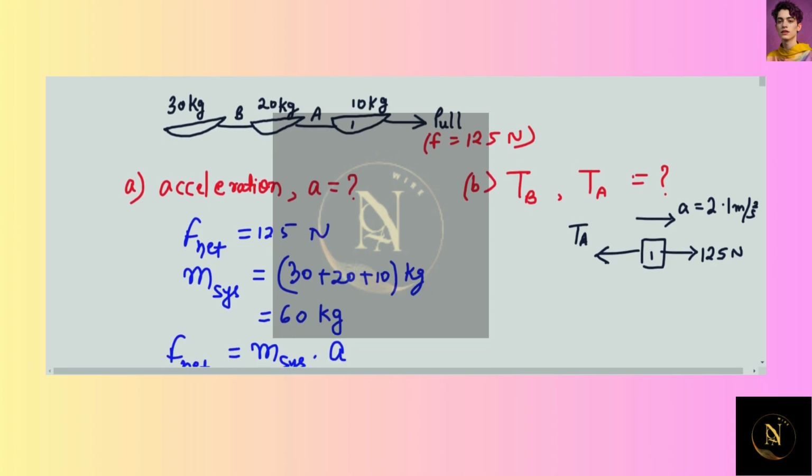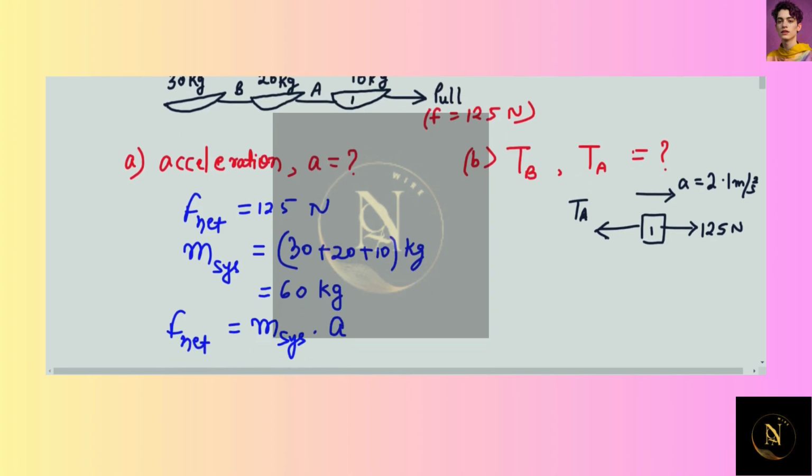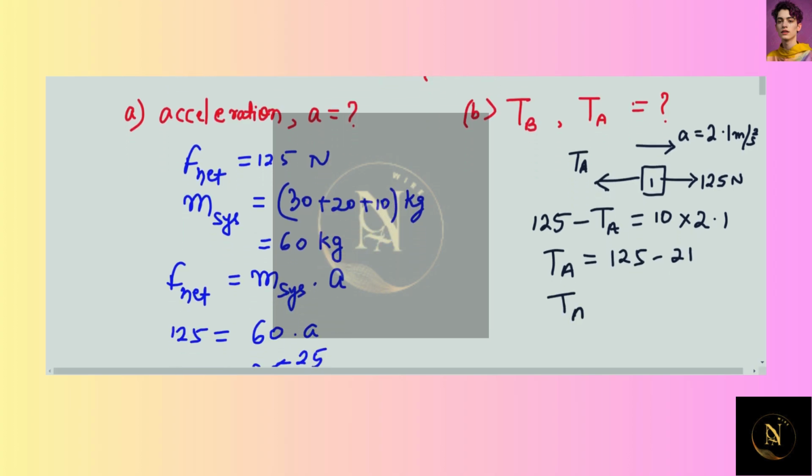We apply Newton's second law again. Since this sled is going to the right, 125 minus TA will be the net force, and this equals the mass of object 1, that is 10 kg, times the acceleration. Solving this, we get TA = 125 minus 21. So the tension in A comes out to be 104 newtons.